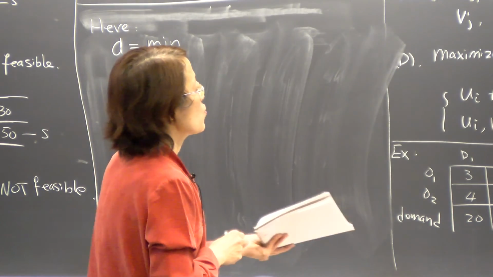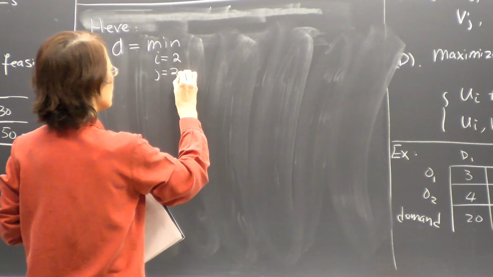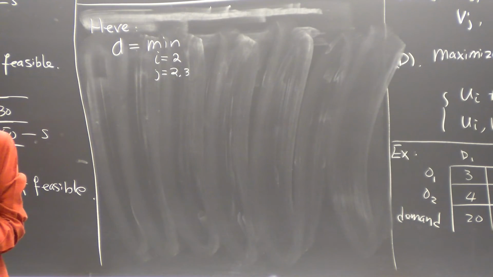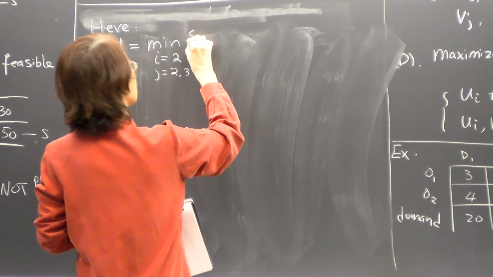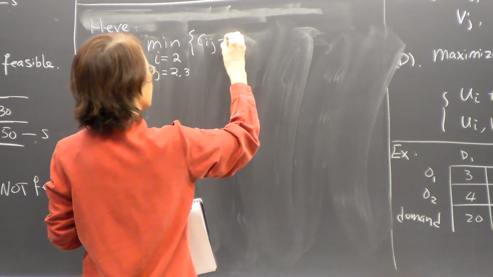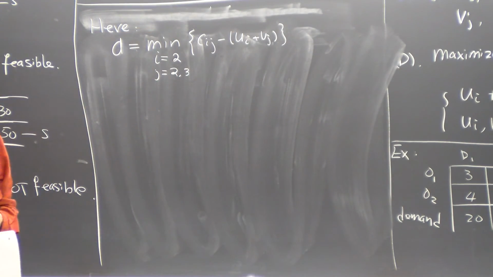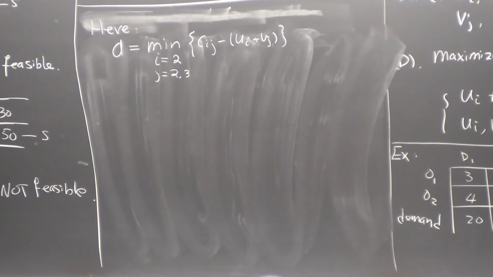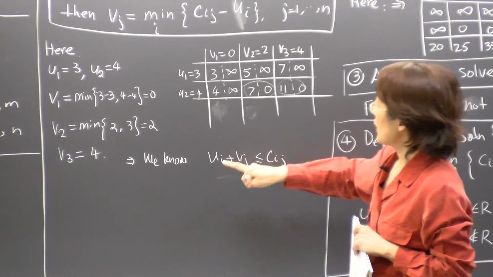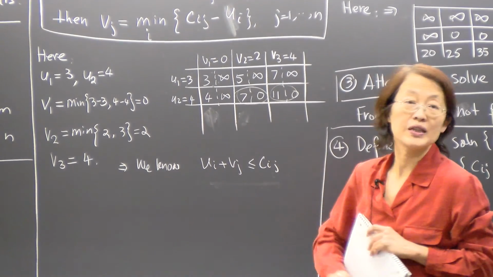C is 1, so I have to choose j between 2 and 3. Then I need to compute the slack there, ui plus vj. So basically I need to check how much ui plus vj does not meet Cij.